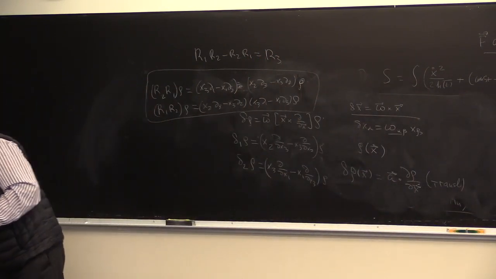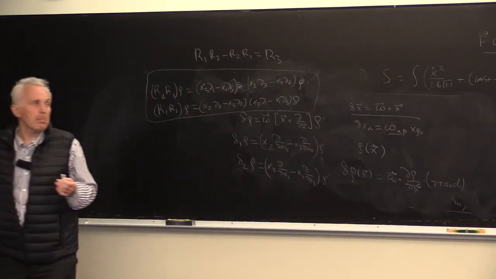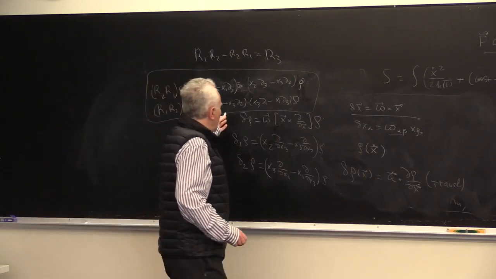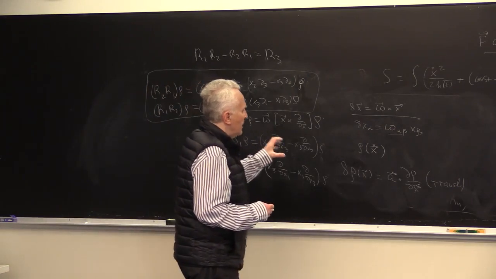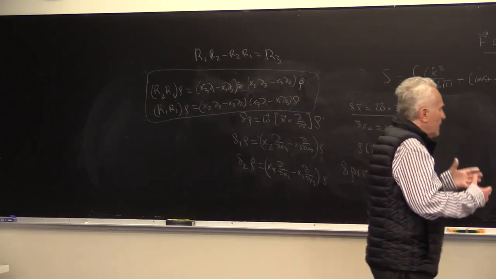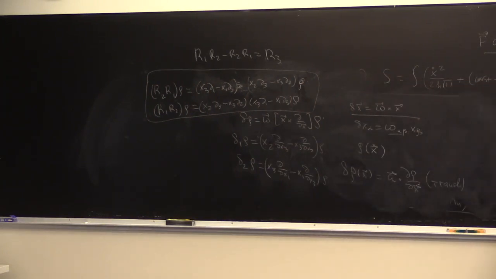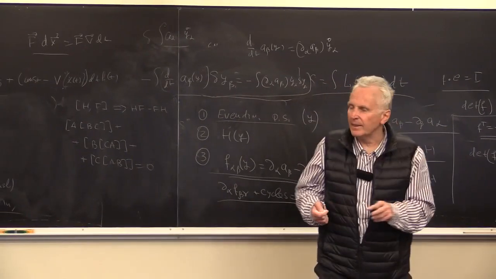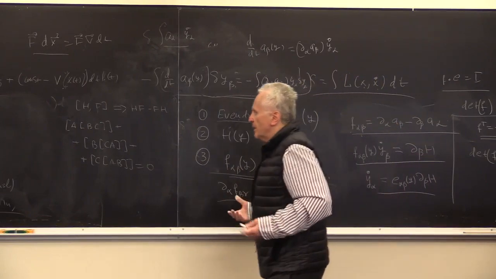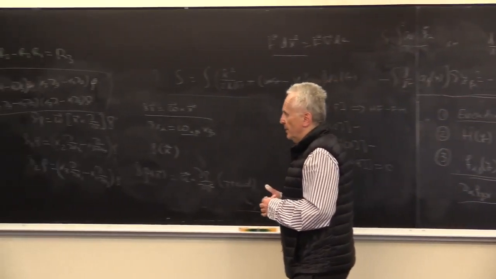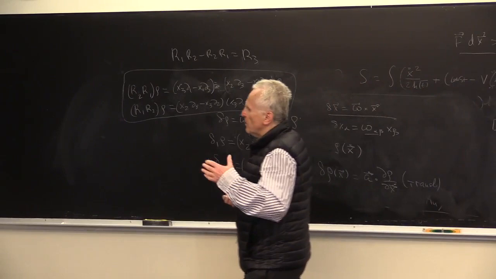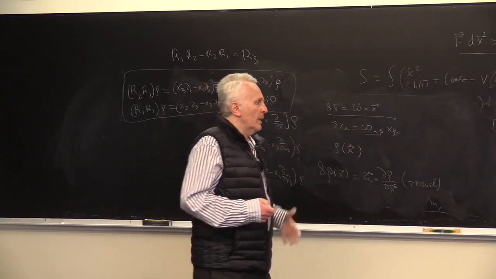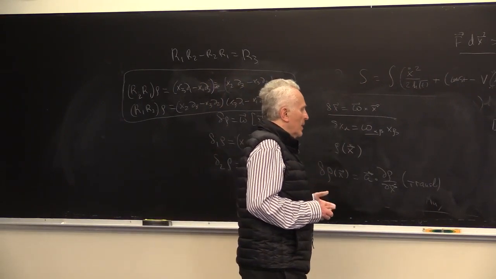So we see that rotation, already in classical mechanics, is non-commutative. We are not introducing quantum mechanics. In quantum mechanics, all variables are non-commutative.